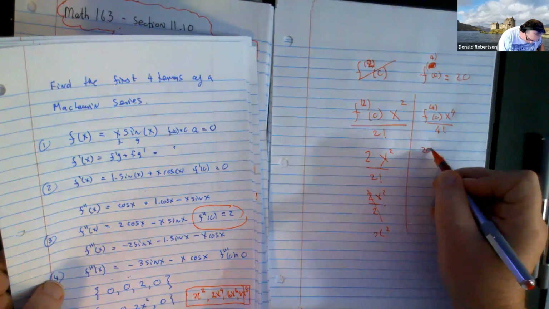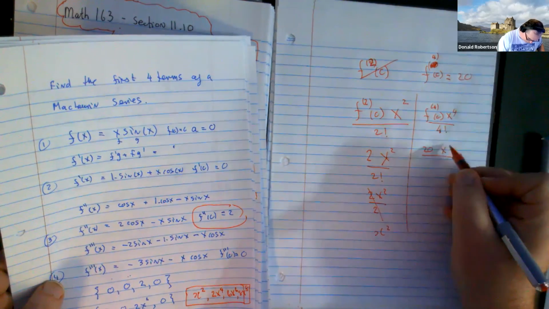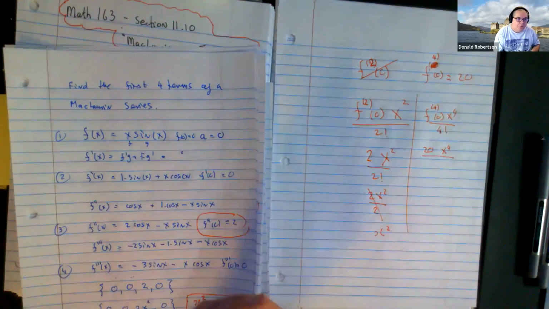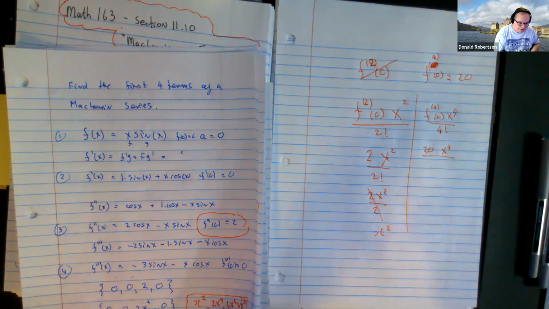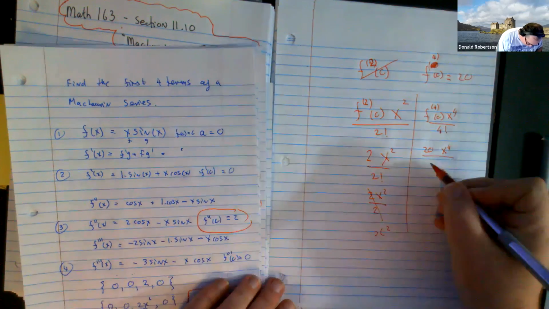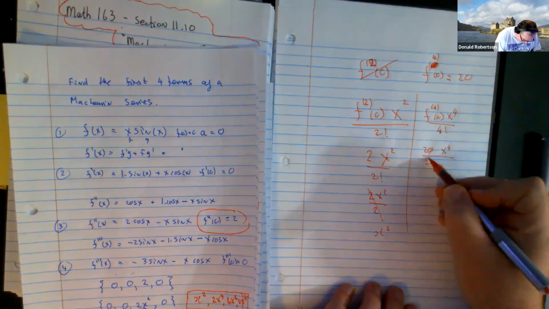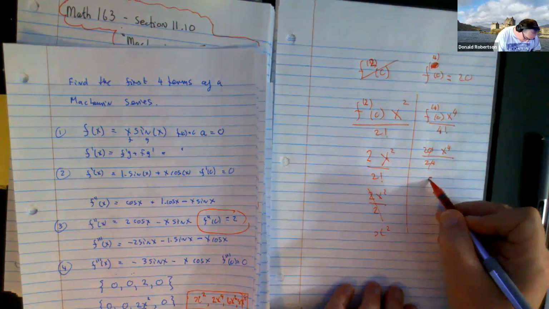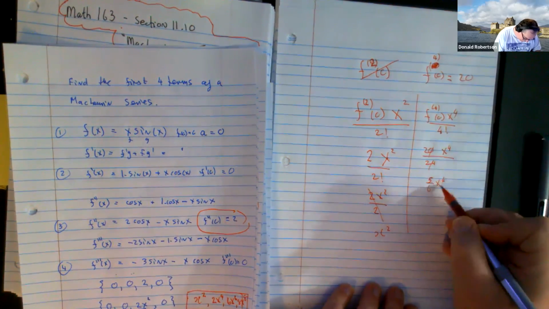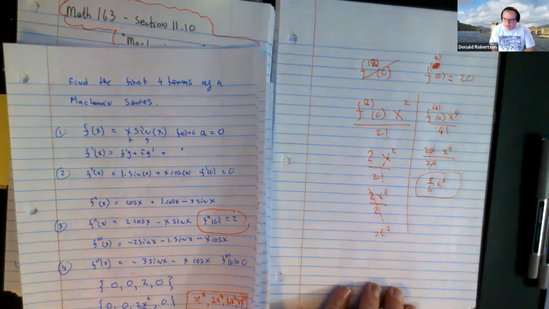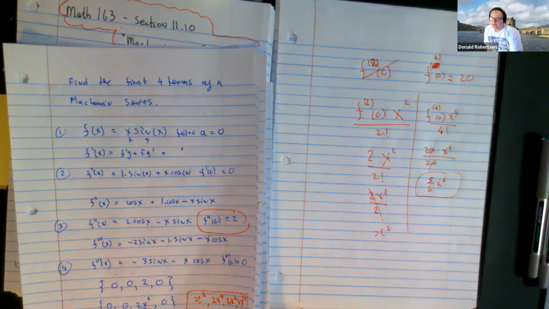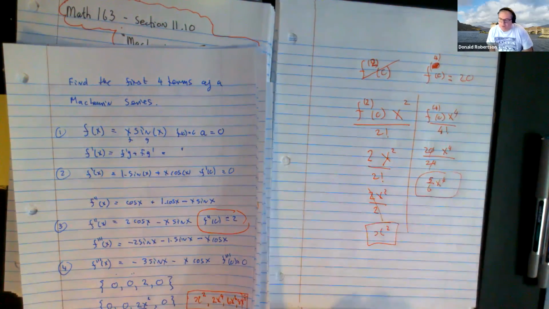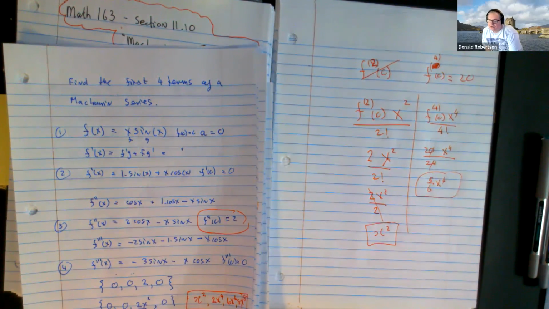That would be 20 x to the 4, over 4 factorial, which is 1 times 2 times 3 times 4, so 24. Cancelling down, I would get 5/6 x to the 4. That would be the term from the 4th derivative, and this is the term from the second derivative. You continue this process until you find 4 answers that aren't zero.